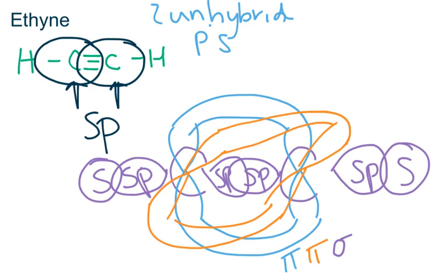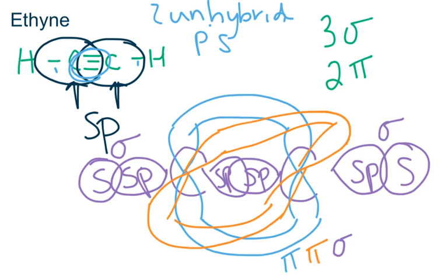So we have a grand total of 3 sigmas and 2 pi bonds. Again, you can find that from the Lewis structure: there are two single bonds in this molecule, and there are two of our sigmas, and then a triple bond is 1 sigma and 2 pi's.